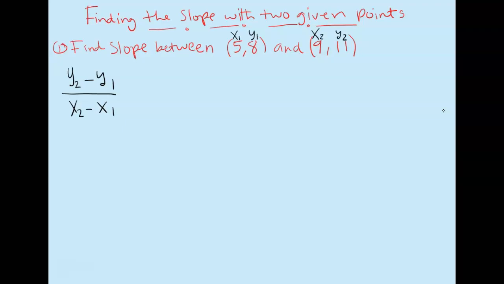So we plug it into the formula and we get 11 take away 8 divided by 9 take away 5, which gives us 3 over 4. So here you rise 3 and you run 4 as a slope. So this is the slope of this given line.